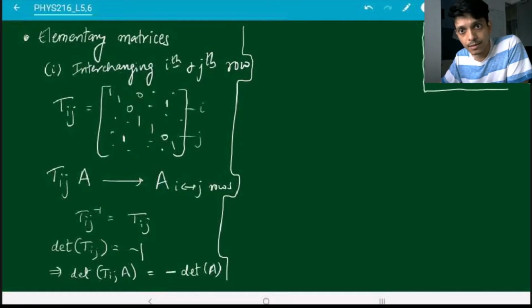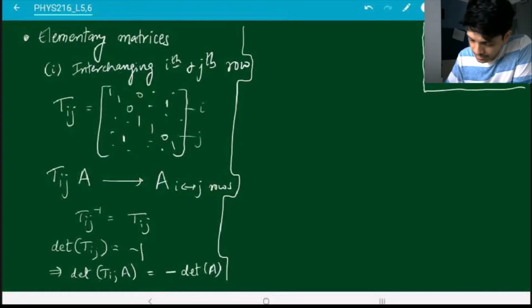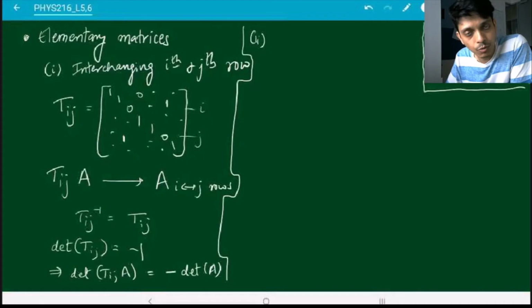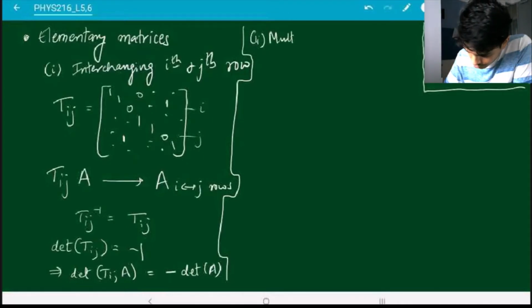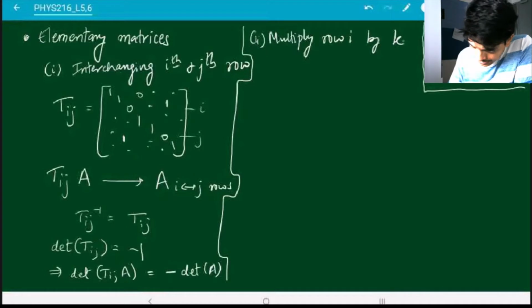The second elementary transformation that we had was to multiply one row by some constant k. So suppose I want to multiply the ith row by some constant k. Then for this, I can define a matrix Bi as a function of k.